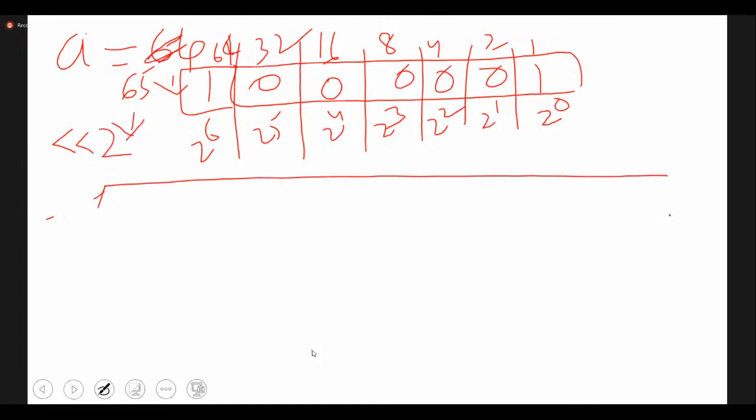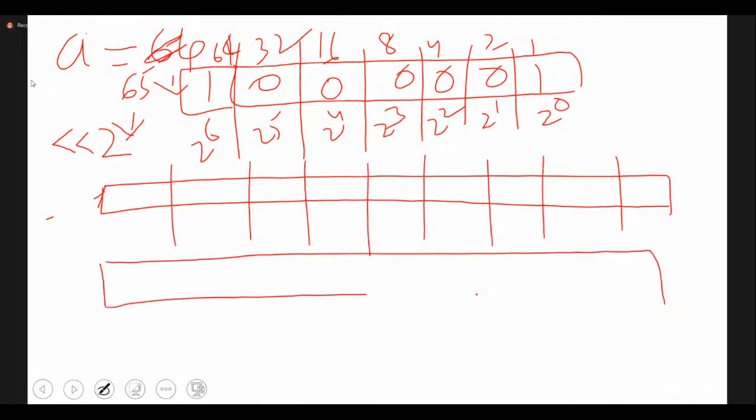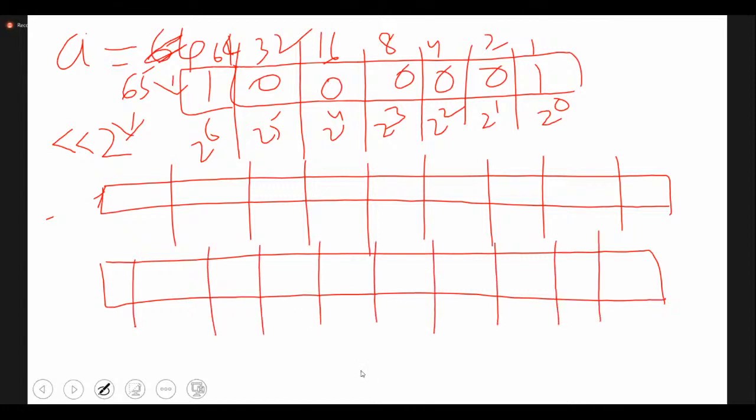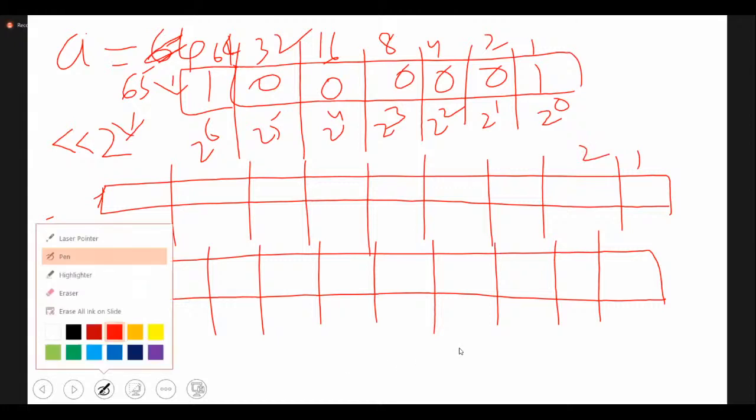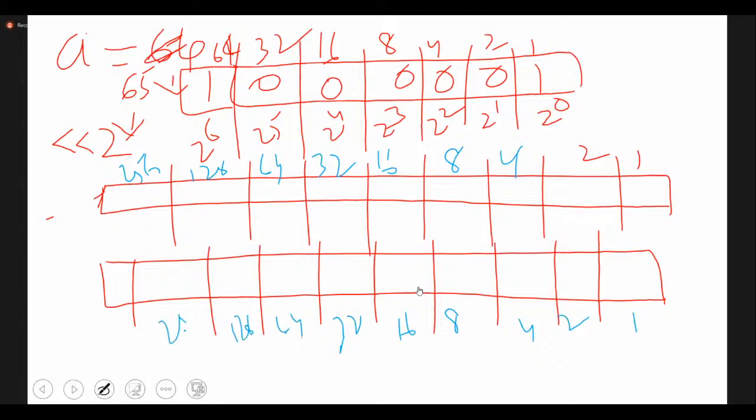So first you take the format: 1, 2, 4, 8, 16, 32, 64, 128, 256. Similarly, 1, 2, 4, 8, 16, 32, 64, 128, 256. It will be another number now because I did 65.